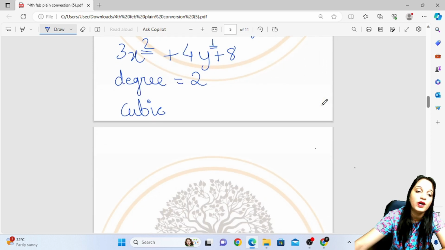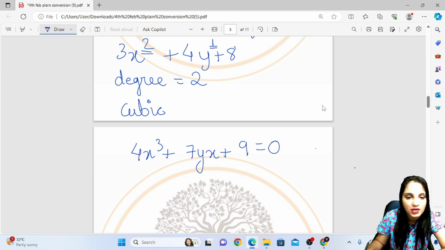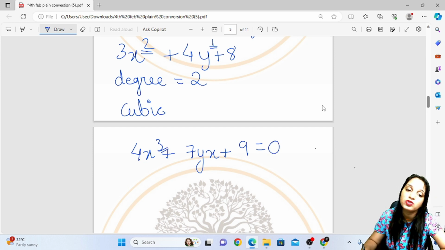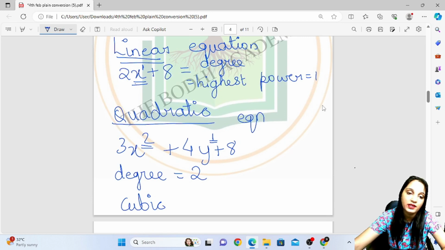Then you have the cubic equation, that is 4x cube plus 7yx plus 9 is equal to something; you can write it anyhow, but the highest power should be 3. Here the degree is 3. These are called linear, quadratic and cubic equations.